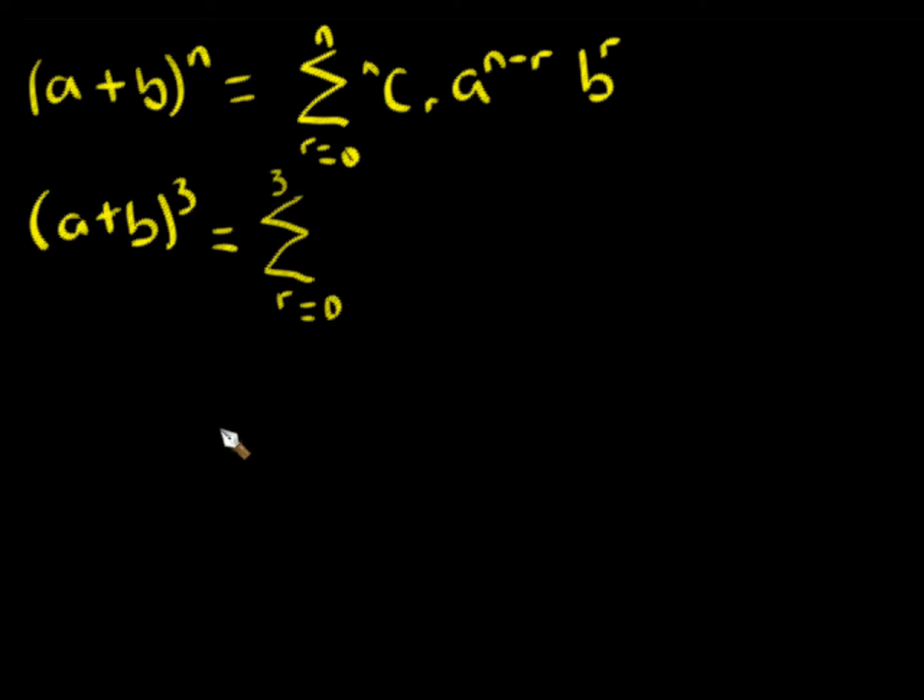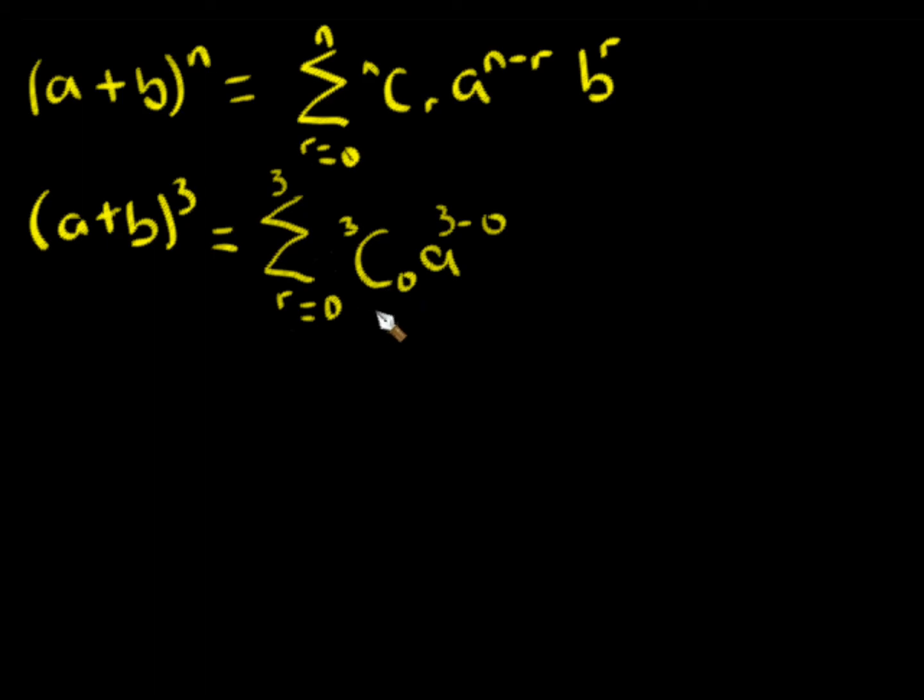The summation from r equals 0 up to 3 of 3 combination 0 multiplied by a raised to power 3 minus 0. So we are following the formula strictly. It says n combination r. When n is 3, r starts from 0 and increases up to 3.